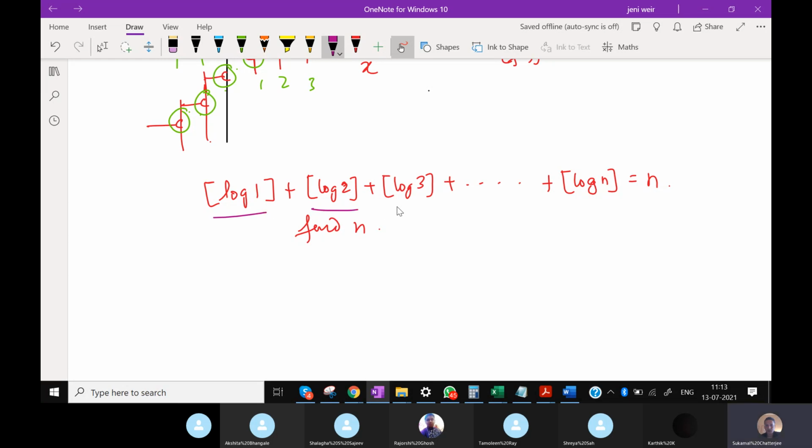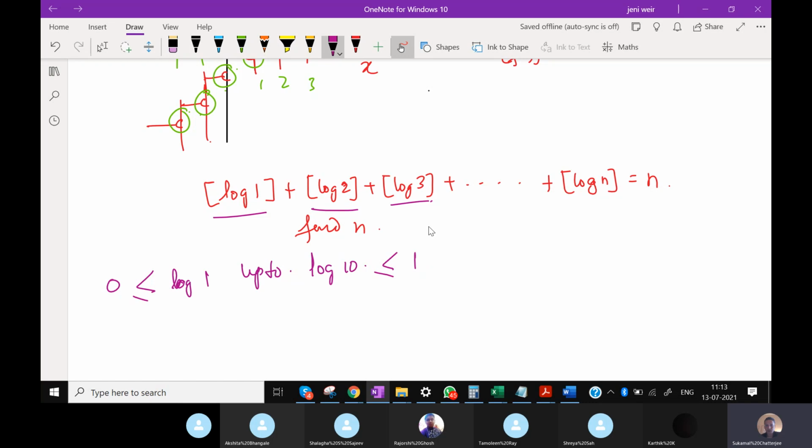So log 1, log 2, log 3 up to log 10 is less than or equal to 1. Log 10 is equal to 1. So log 1 is 0. So log 1 up to log 10 is less than or equal to 1 and greater than or equal to 0.